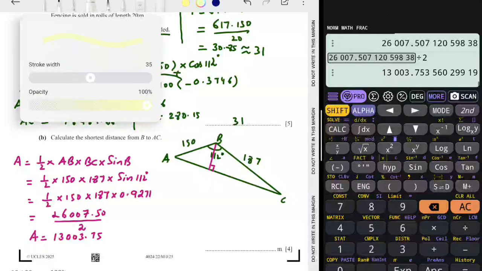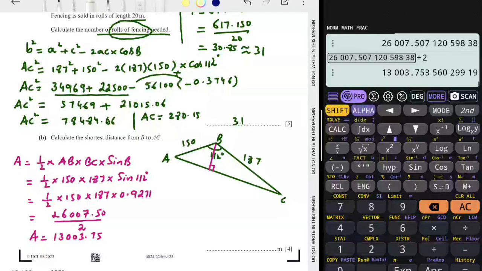Now as you can see, for finding the shortest distance, we use the formula of a right angle triangle. The area of a right angle triangle equals half into base into height, that is x.